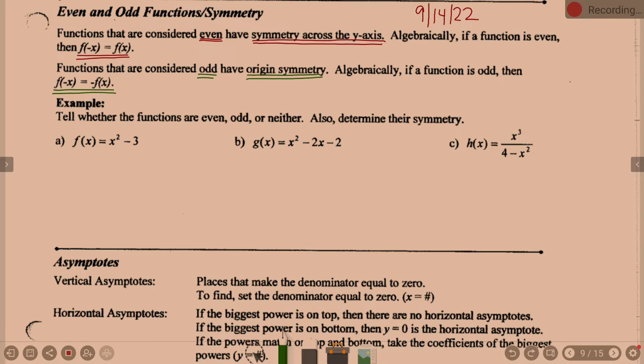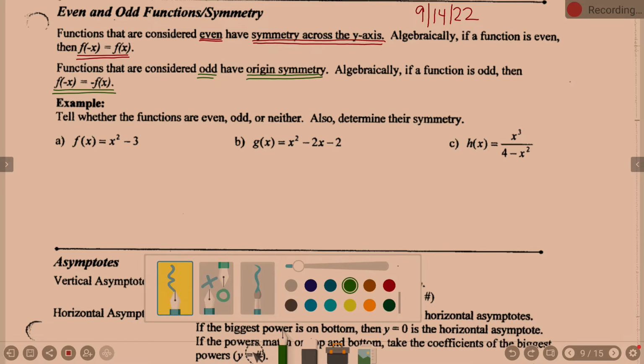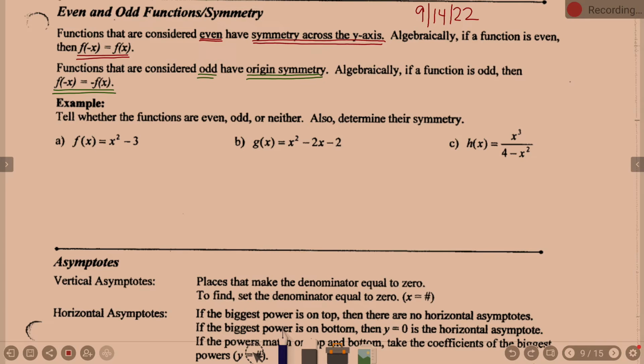That way I can show you both. So if we are algebraically looking for if a function is even or odd, they give us f of x, right? Start by finding f of negative x, because the first one is if f of x and f of negative x are the same, we know it's even. So start by finding f of negative x first.